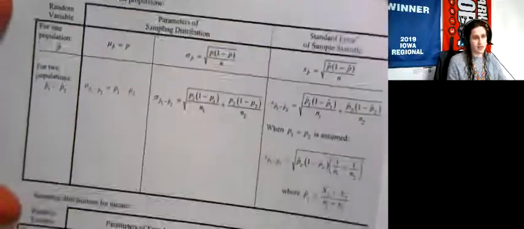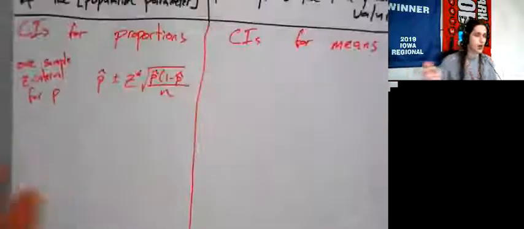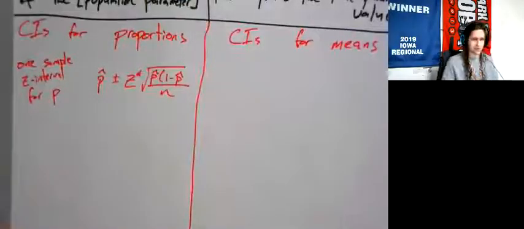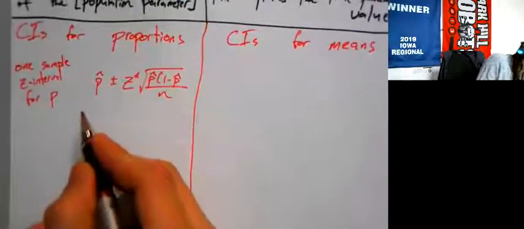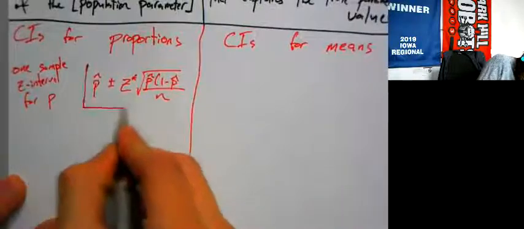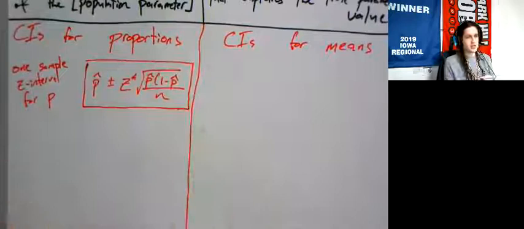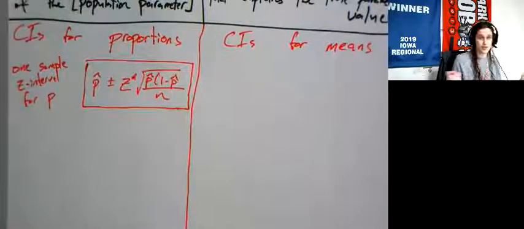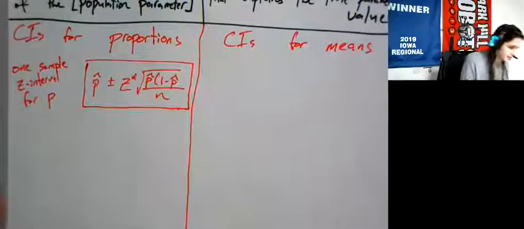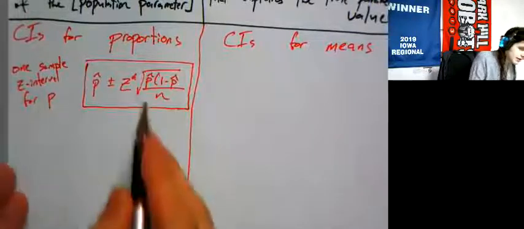The kinds of things we're going to need to create these confidence intervals are hiding on your formula sheet, but maybe not as nicely as you'd like them. So I'll put a little box here around this formula. That's a nice little formula. So we can do one sample z interval for p. There are certain conditions for that. Those conditions are the same generally for all of these. What else should we have?